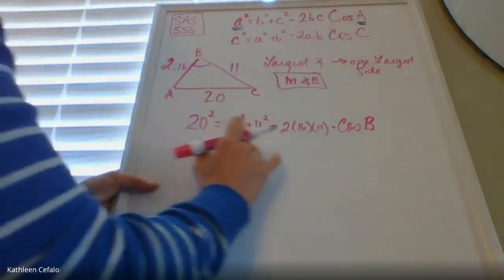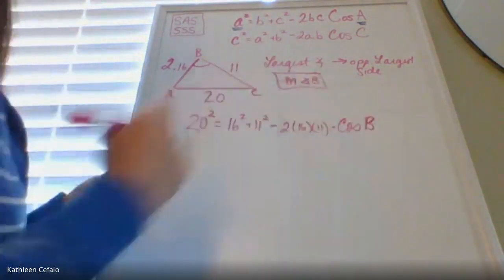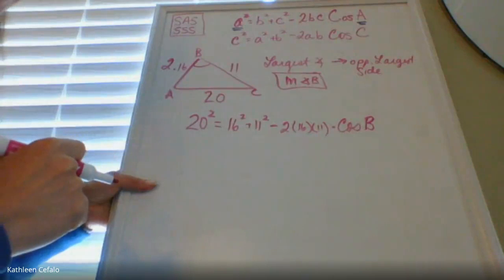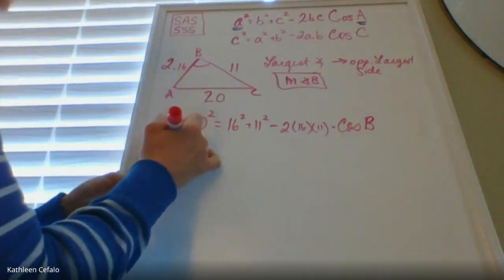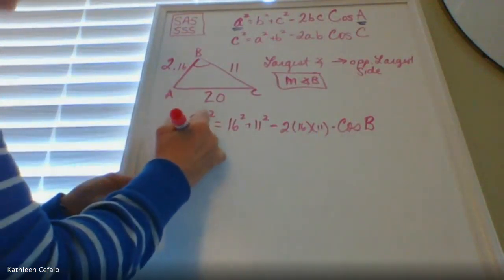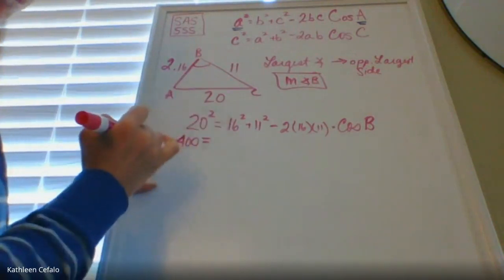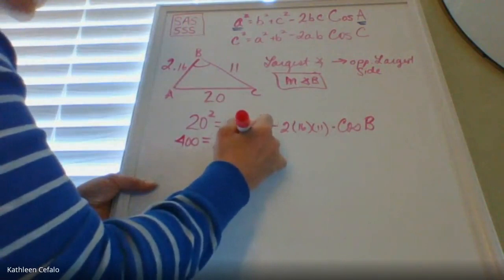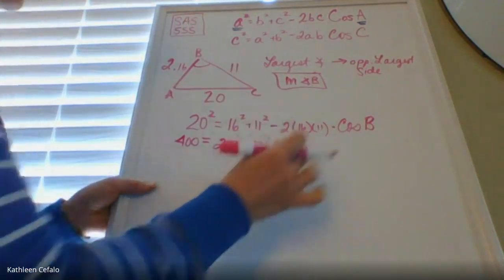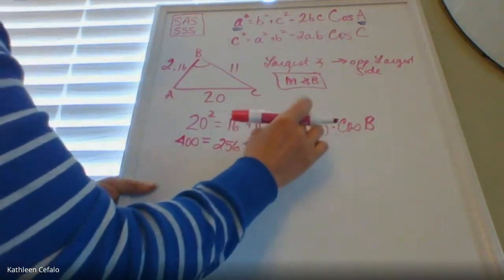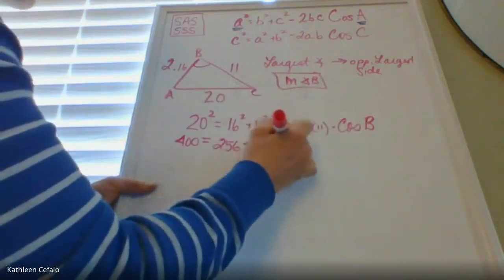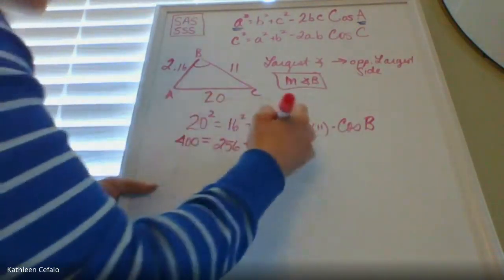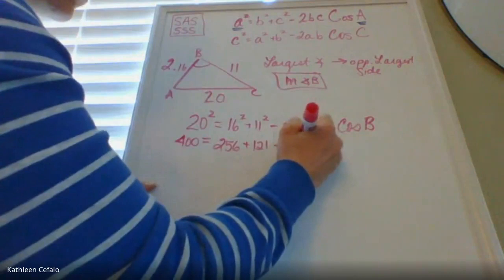So I can't just type this all into my calculator because there's my variable. That's my unknown. All right, so be careful when you enter this. I did this individually. So I have 400 is equal to 256 plus 121. Now I'm going to multiply this. So 2 times 16 times 11. So that's going to get us a total of 352.